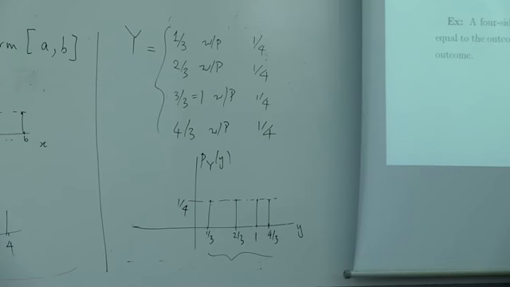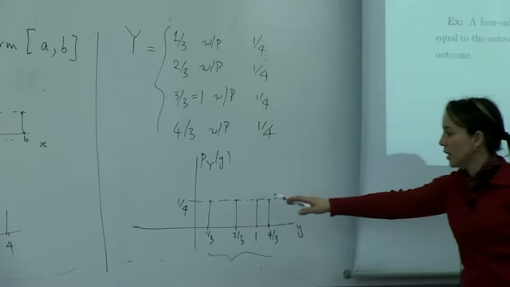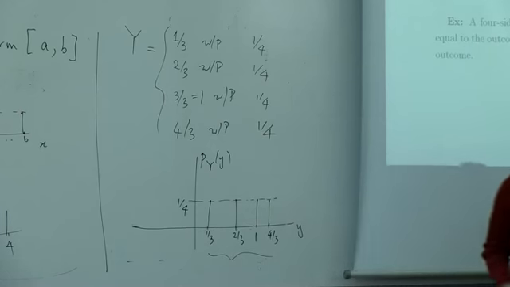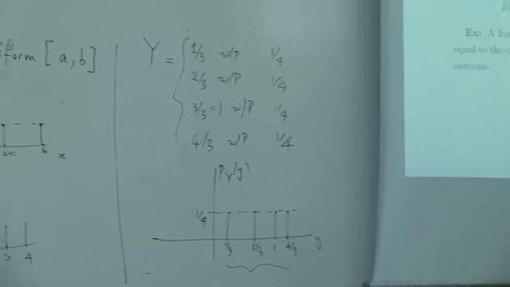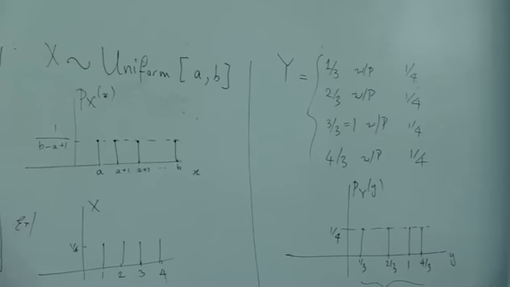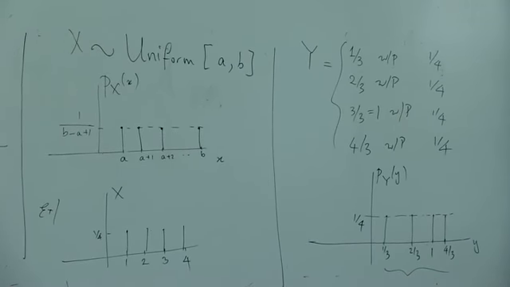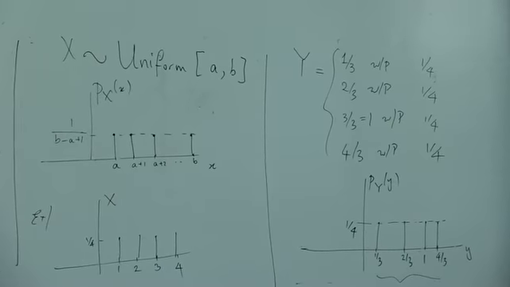So it doesn't really fit into this description. Yes, it takes 4 different values with equal probabilities, but it doesn't fit our definition of a discrete uniform distribution. A discrete uniform distribution has only 2 parameters, a and b. So how about this? Let z be equal to the square of the outcome.